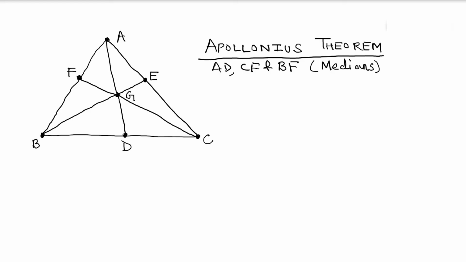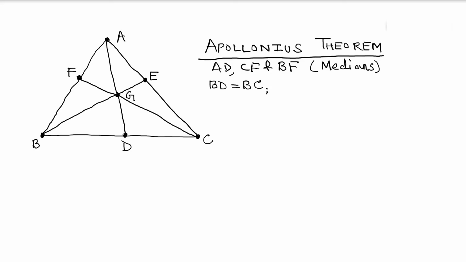AD. So AD becomes the median only when BD is equal to DC. So these are properties which are conversely associated with each other. If I say AD is the median, then BD is equal to DC, and if BD is equal to DC, then AD is the median, is what I am trying to highlight.